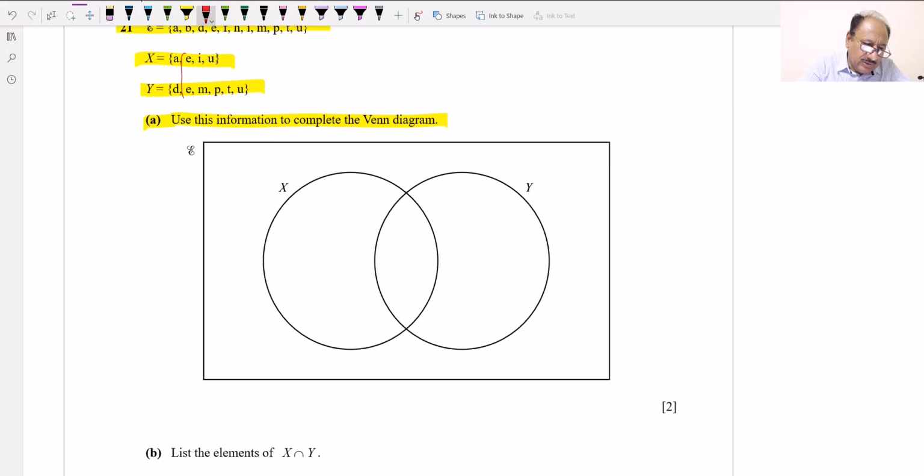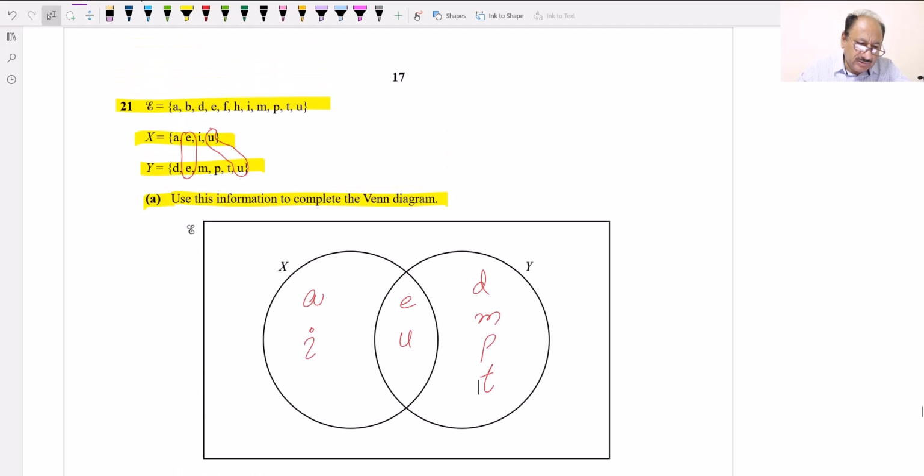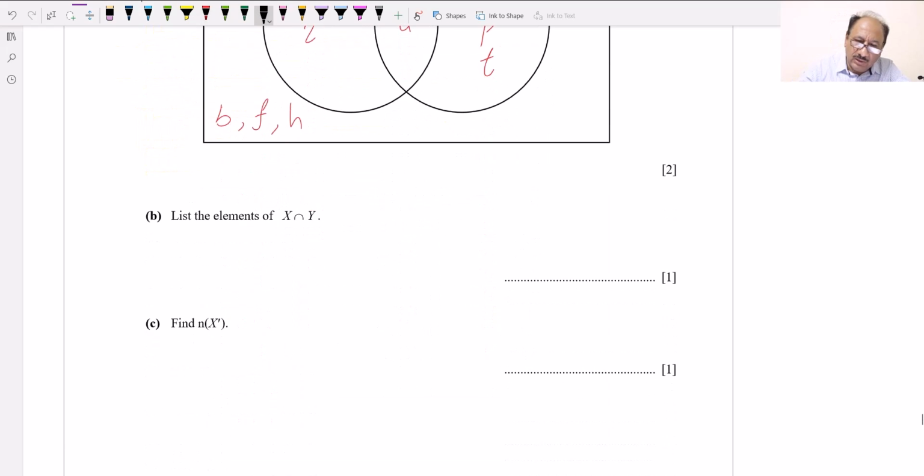E is in both and U is in both, so E and U we can show in the intersection, and the remaining members of X, A and I, we show in this area. The members of Y are D, M, P and T. And from the universal set, whatever is not included in X or Y are B and F, and what else, we can take H also, so this one. So this is complete. This was for 2 marks, which is done.